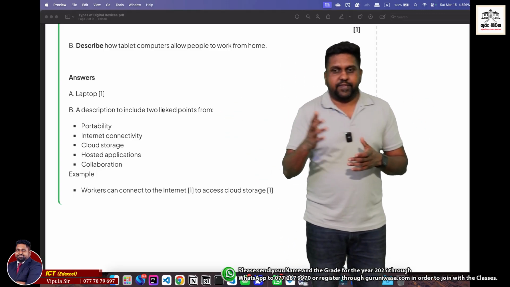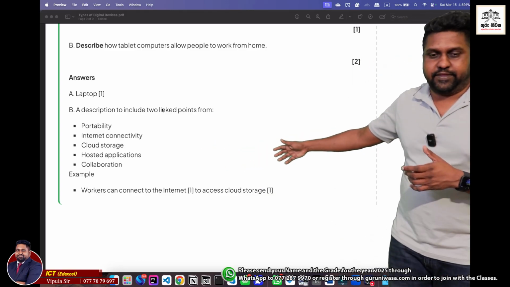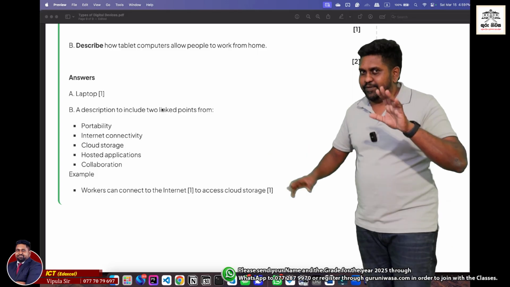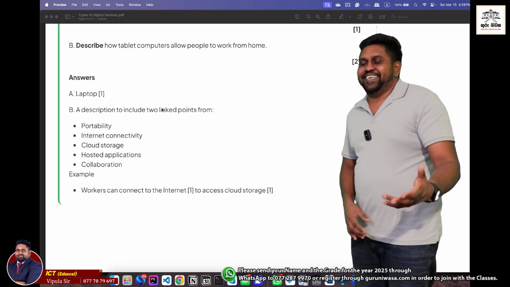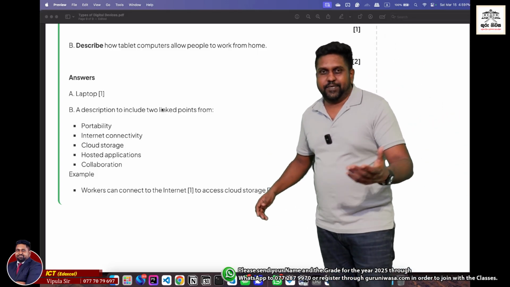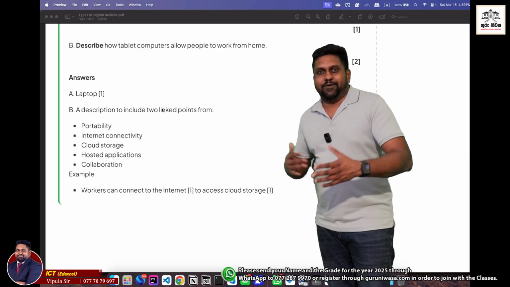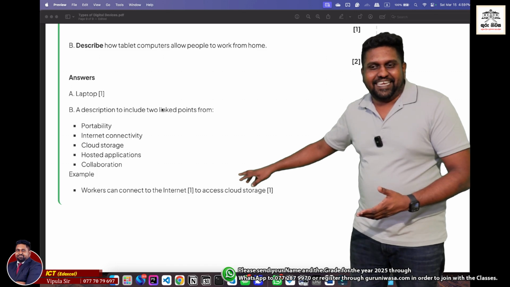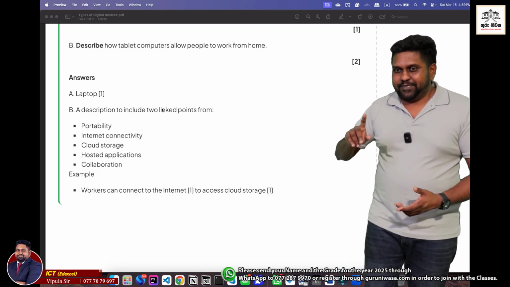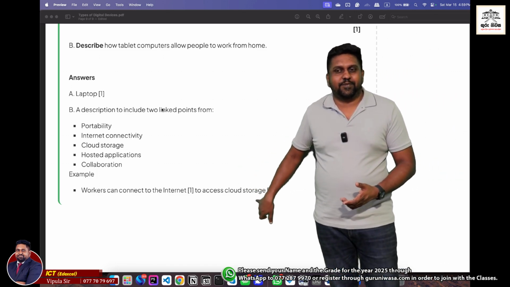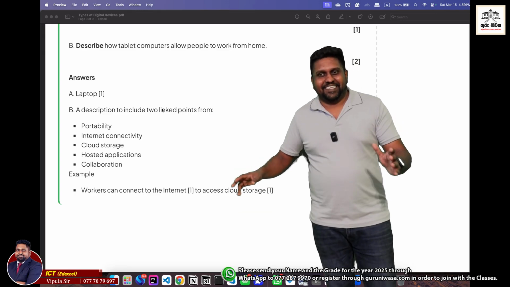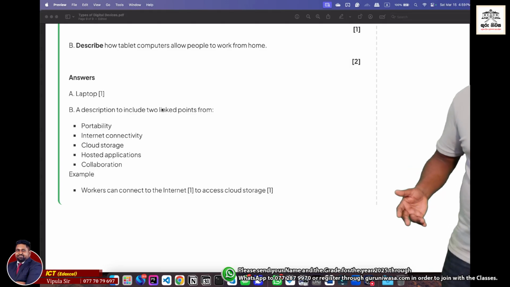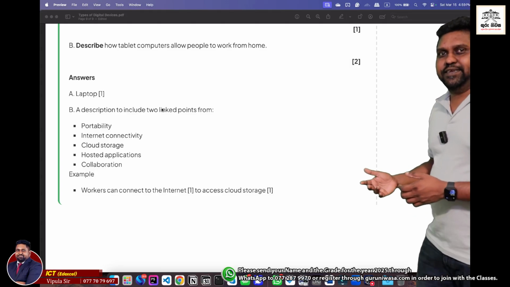Here you can see the example: workers can, so working from home, that means obviously a worker. You can say employee or worker, it's up to you how to beautify what you write. So workers can connect to the internet and access cloud storage. Otherwise we can say, because of its portability, workers can work from anywhere.